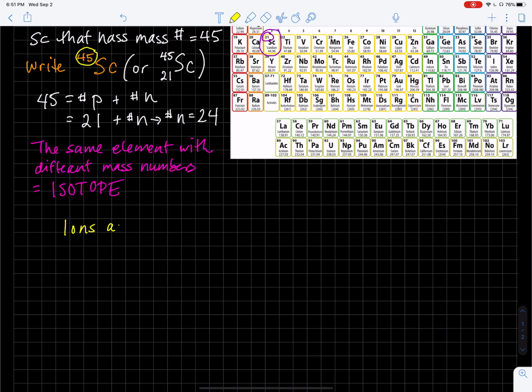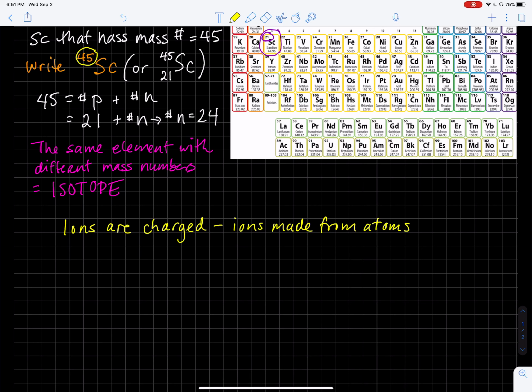Ions are charged. And today we're going to talk about ions that are made from atoms. There are also ions that are made from molecules, which we'll talk about a little bit later.